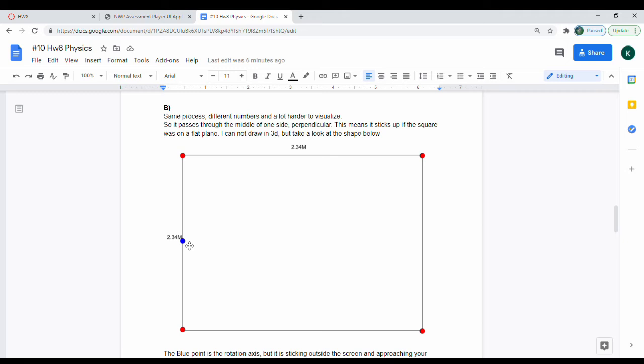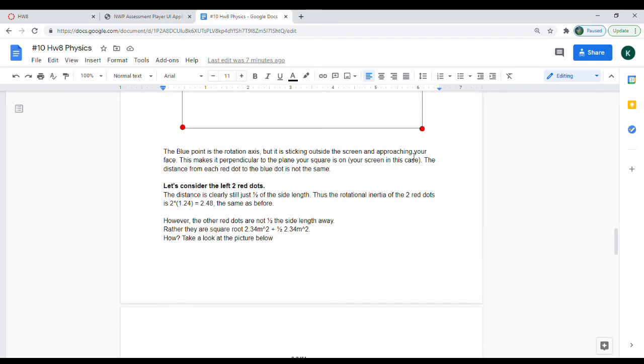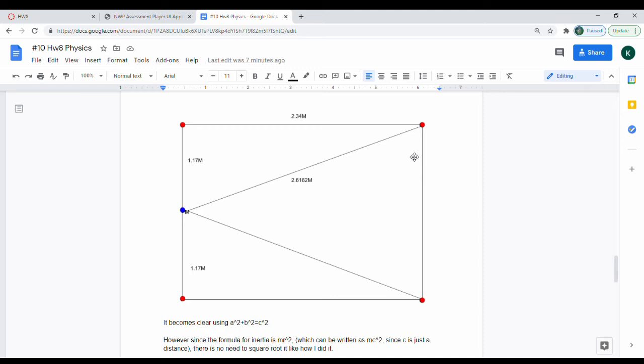So then what's the distance for each red dot from this blue point? Well, for these two, it's pretty obvious. It's just 1/2 again. Well, what about these 2 points? What's your R for these two? Well, that's where we use our Pythagorean theorem.